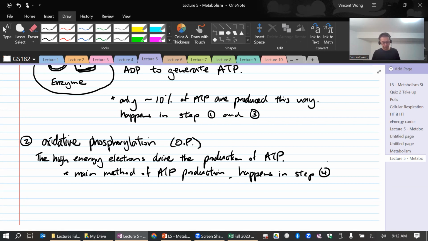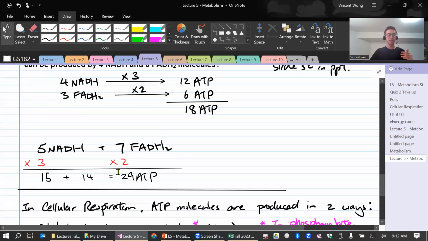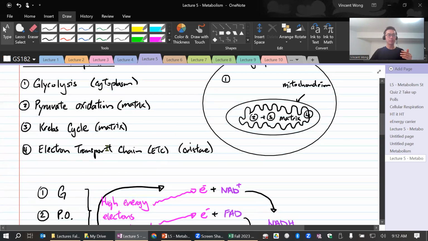So, quick recap. We know cellular respiration is taking glucose, reacting with oxygen, producing carbon dioxide, water, and up to 36 ATP. This reaction is broken down into 4 stages: glycolysis, pyruvate oxidation, Krebs cycle, electron transport chain.